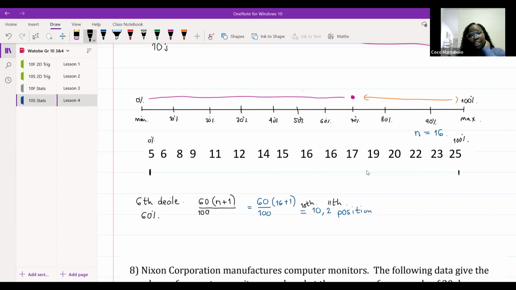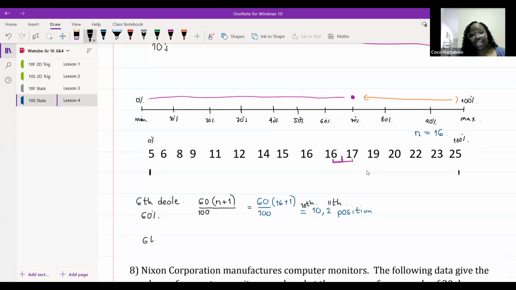The term number. So we're going to go 1, 2, 3, 4, 5, 6, 7, 8, 9, 10, and 11. So our percentile is going to sit in between here, 16 and 17. What is the median between 16 and 17? Beautifully done. It's 16.5.